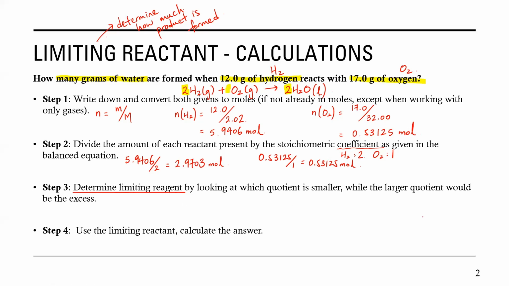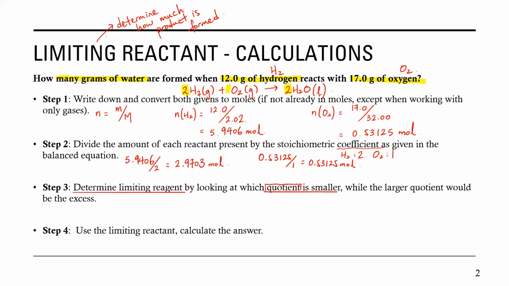The smaller quotient must be the limiting one, and then the larger one will be in excess. What do we mean by quotient? Quotient is just the answer that you get from the division in step 2. So you have to find the smaller quotient as the limiting reagent.